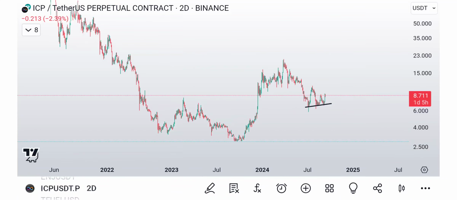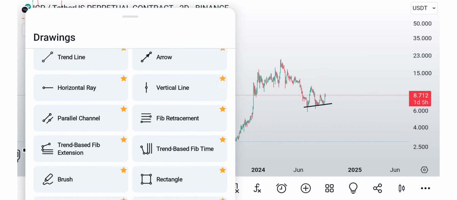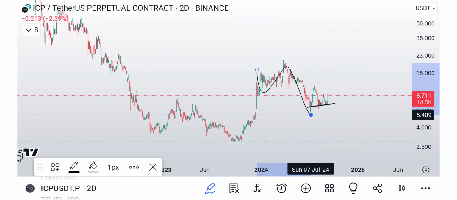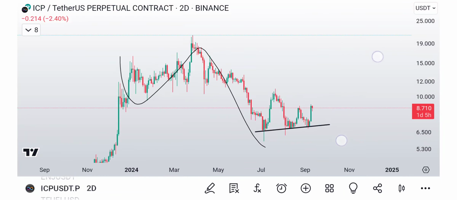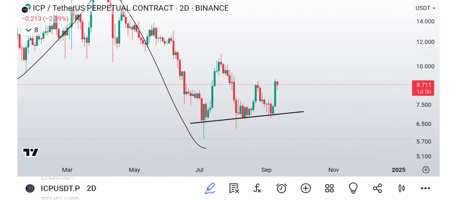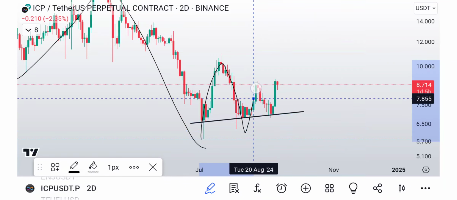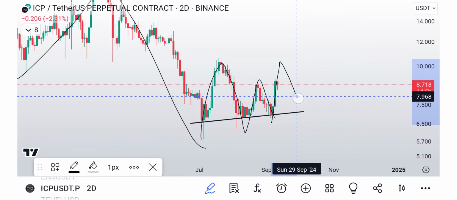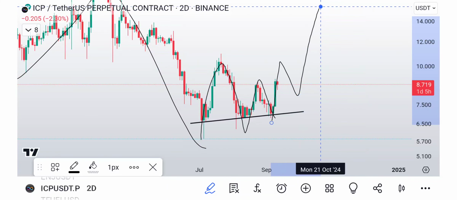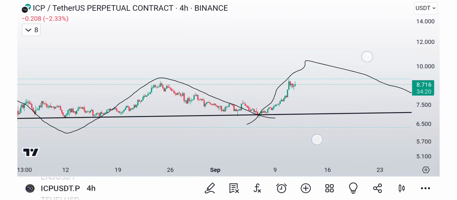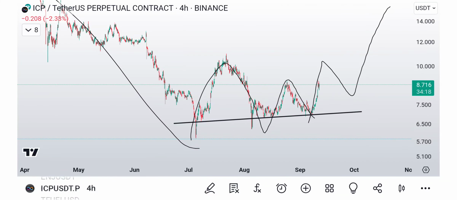It's looking quite bullish here. So I would imagine this is an A, B, C. And now this could be right here a 1, a 2, a 1, a 2. And now we're probably getting another 1, another 2, right? Before we get even going up in that third wave there. So yeah, ICP looks pretty good.